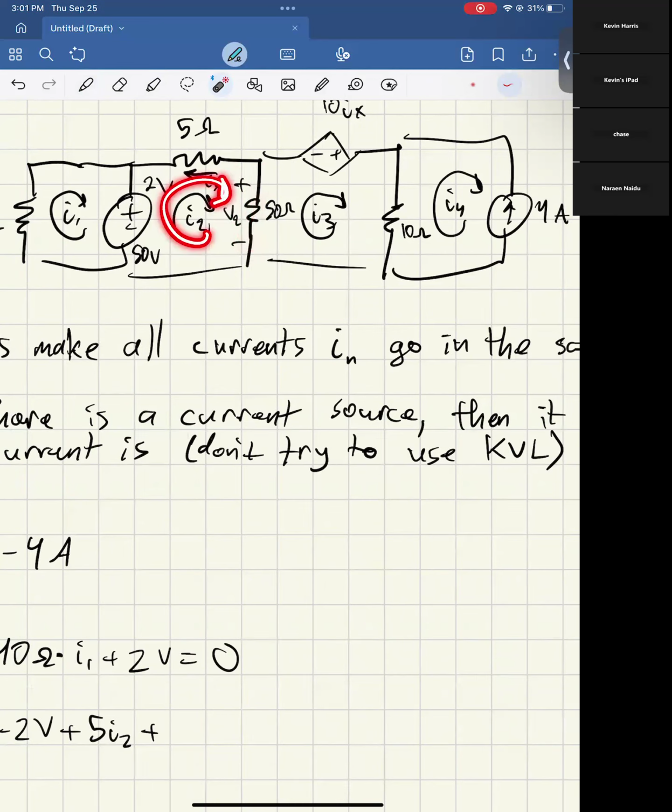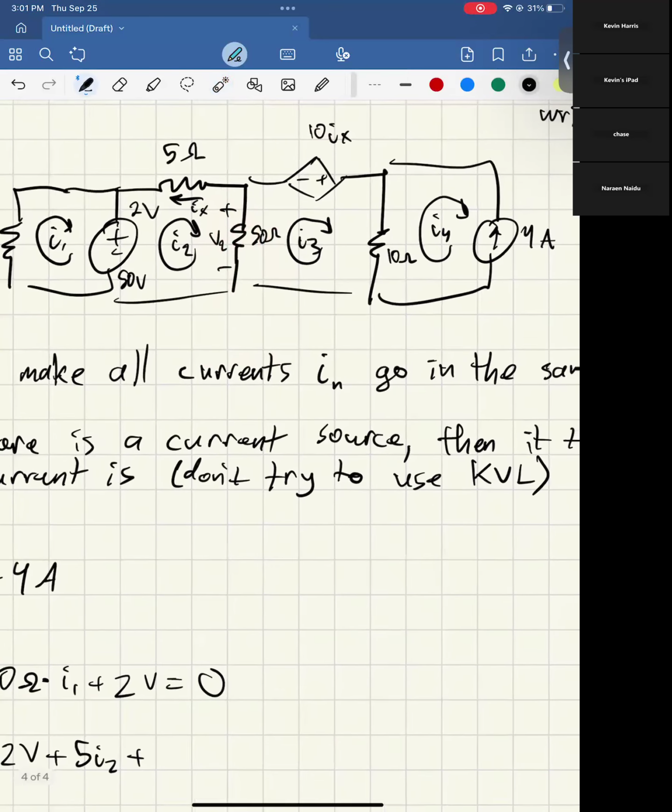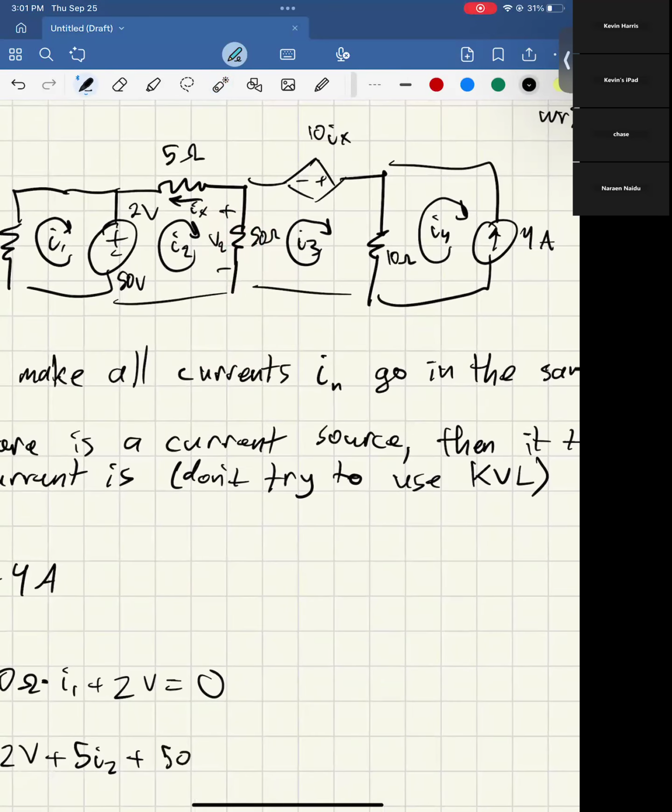So what we have here is I2 going positive direction and then I3 going against it. So the overall current here would be I2 minus I3, because this one is opposing it. So that would actually be our current for this resistor. That resistor has a value of 50 ohms. So it's going to be 50 ohms times I2 minus I3.